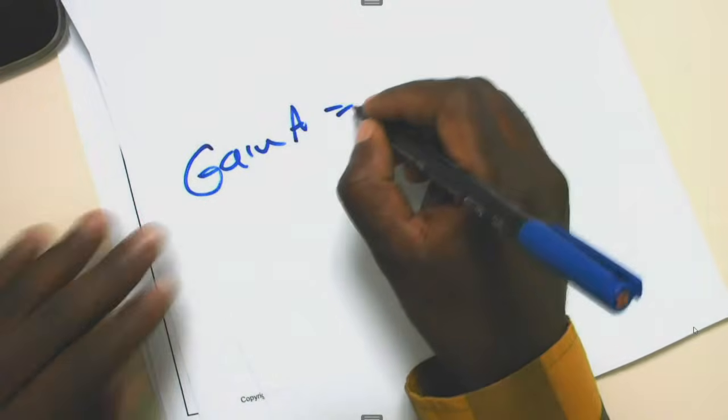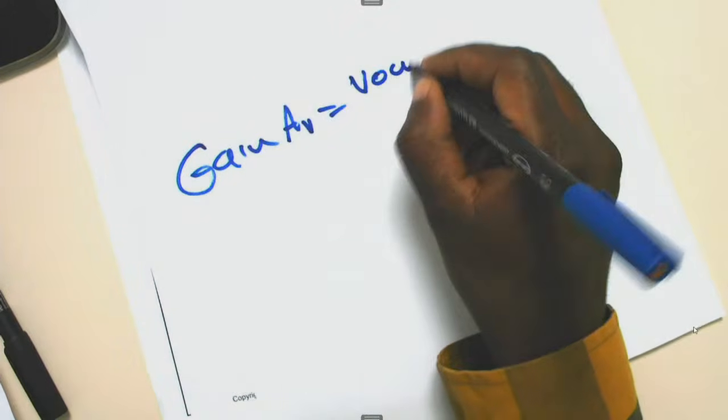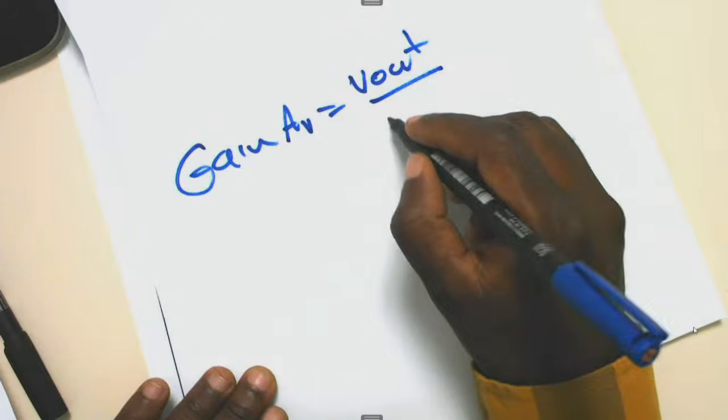Because we just calculated the V out, so we'll have a V out. So our formula will say gain is equals to V out over V in.